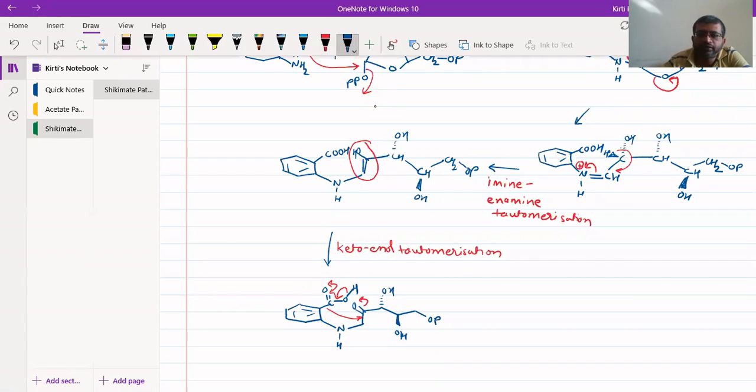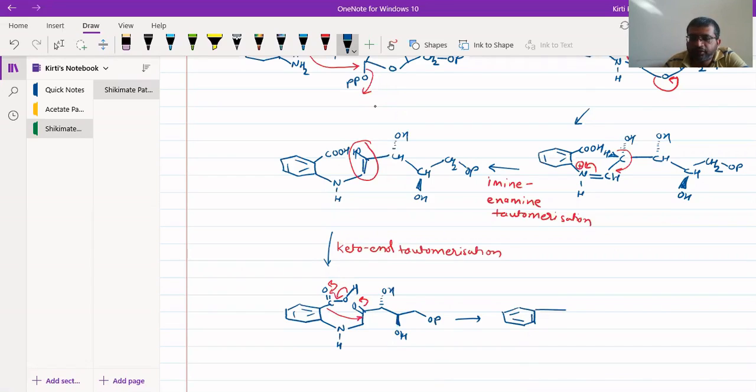So we will get this six-membered ring as it is, and we have a 1, 2, 3, 4 and 5-membered ring. This is the 5-membered ring we will form over here.